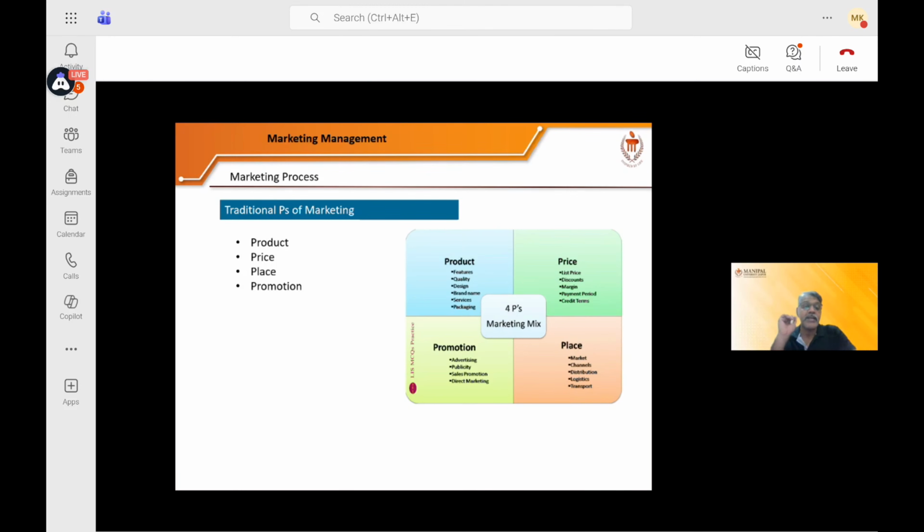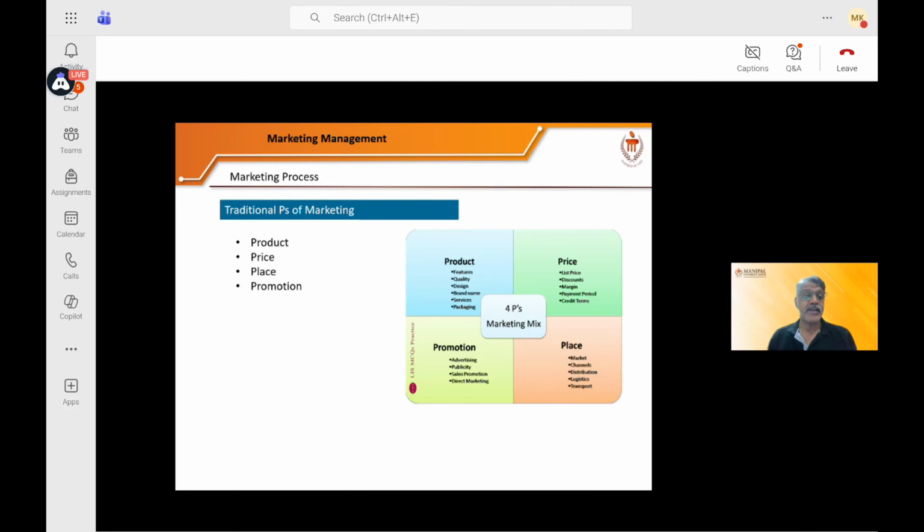So what are those 4 P's? They are product, price, place, promotion. Is it clear, all of you? Any query in this slide, learners, please let me know. Be quick.